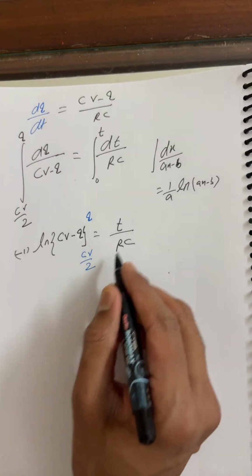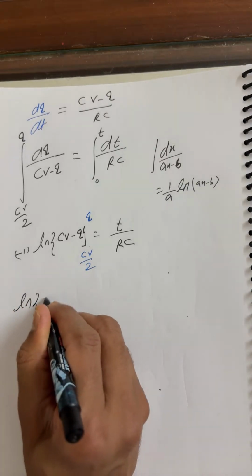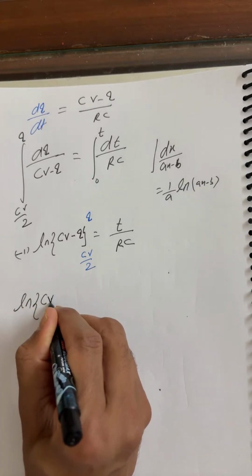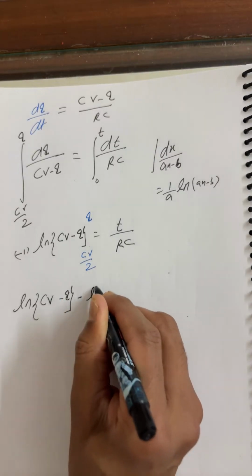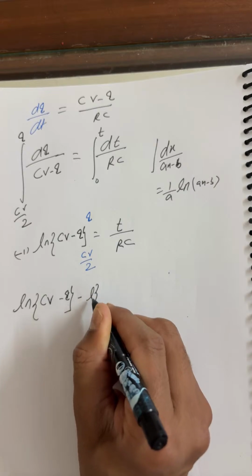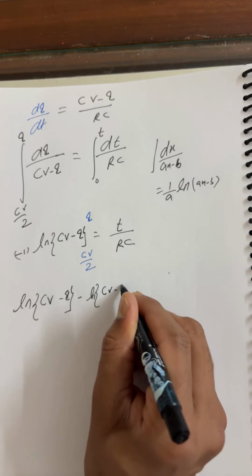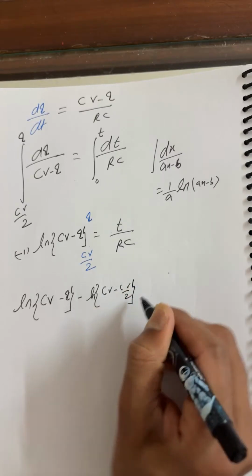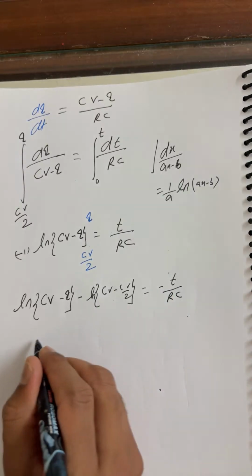So minus 1 on this side. You can say ln of CV minus Q, upper limit minus lower limit. So this is ln of CV minus CV by 2, equal to minus t by RC.